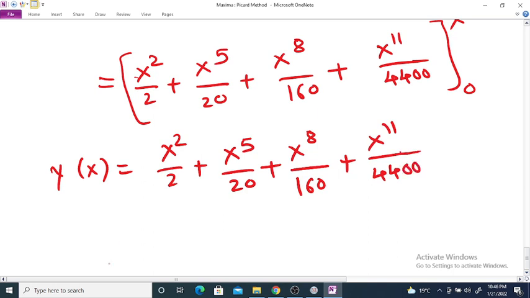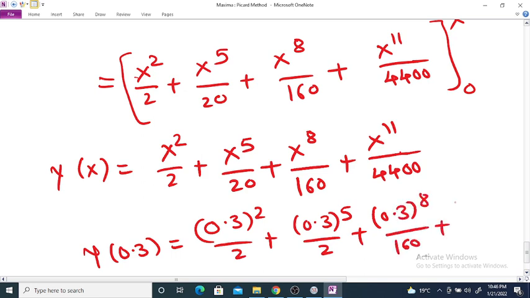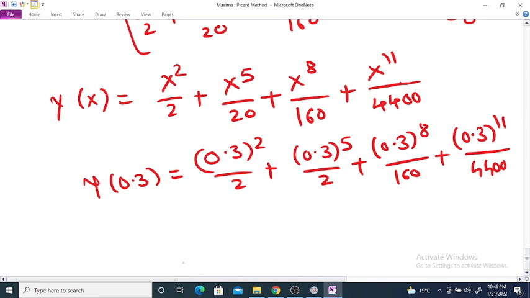Okay, so now if we calculate y of 0.3, this is equal to 0.3 bracket square divided by 2 plus 0.3 raised to 5 divided by 20 plus 0.3 raised to 8 divided by 160 plus 0.3 raised to 11 divided by 4400. If we calculate this, y of 0.3 is equal to 0.0451.